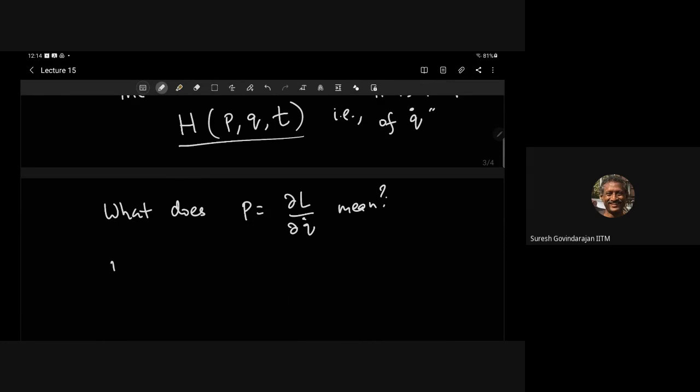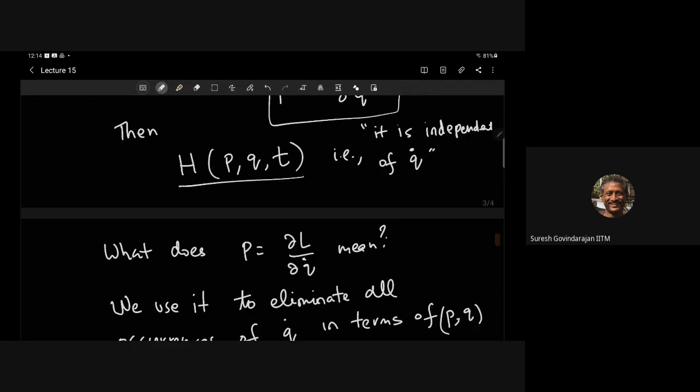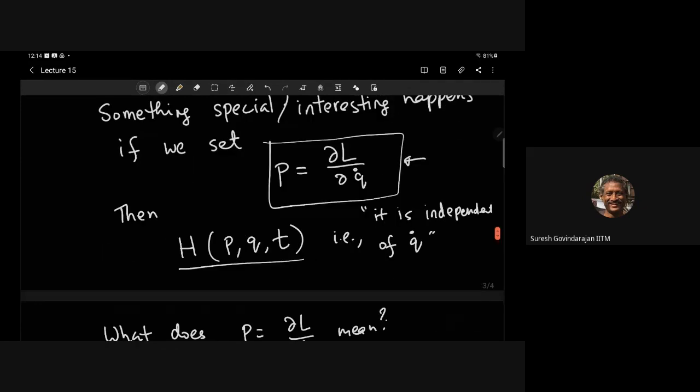we use this equation to eliminate all occurrences of q dot in terms of p and q actually. That's what we have to do. Only after we do that. It's not enough to say p equal to dL by dq dot.